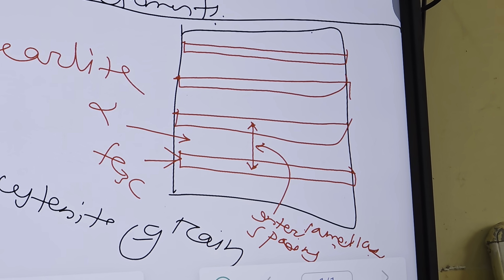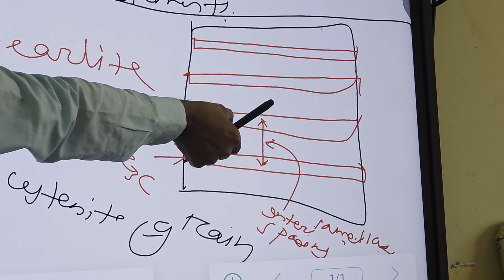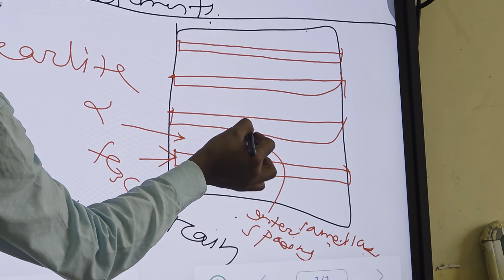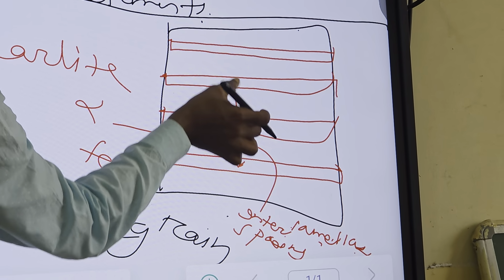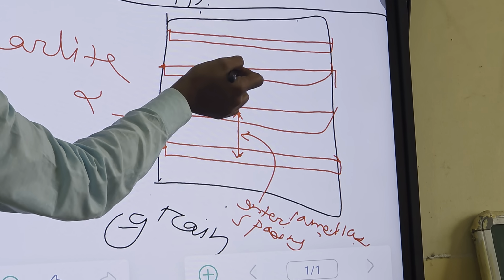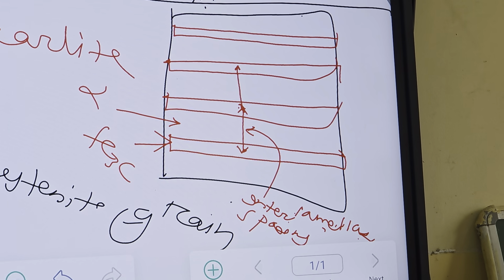Some people thought it is from here to here. It's not exact. It is from center to center. Similarly from here to this center. These are adjacent cementite. These are also adjacent cementite. So the center of one cementite to the adjacent cementite distance is called interlamellar spacing.